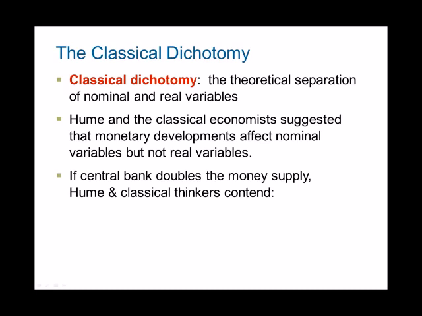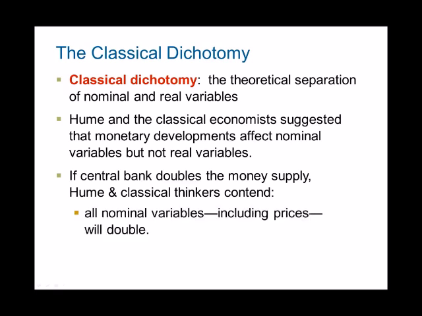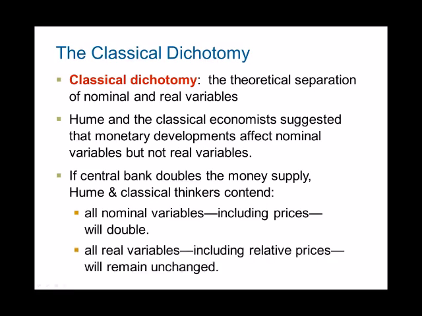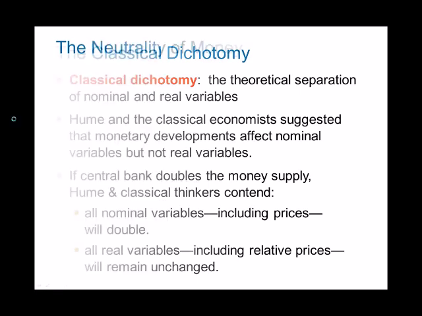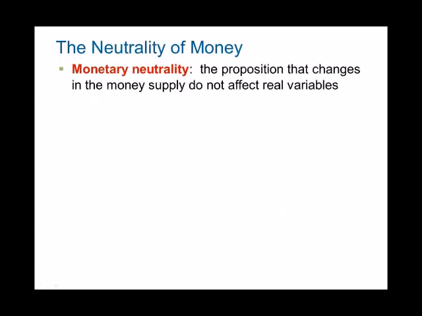Why? Because if the central bank doubles the money supply, Hume and other classical thinkers believed that all nominal variables will go up by the same amount as the increase in money supply, but all real variables will remain unchanged. This is known as the neutrality of money: money does not affect real variables.